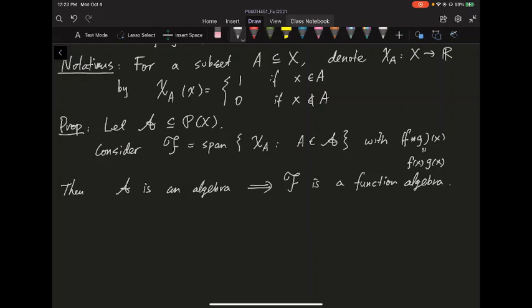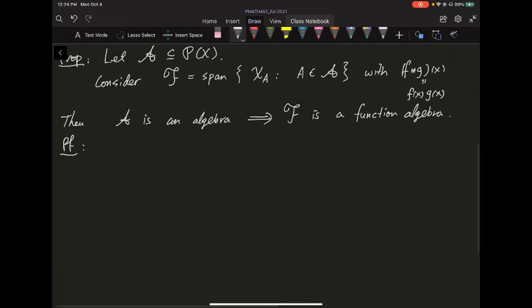Then if this A you start with is an algebra, then this collection F is actually a function algebra. So let's prove this. It's really simple. This collection, first of all, because it's a linear span, it is a vector space, so that comes for free.